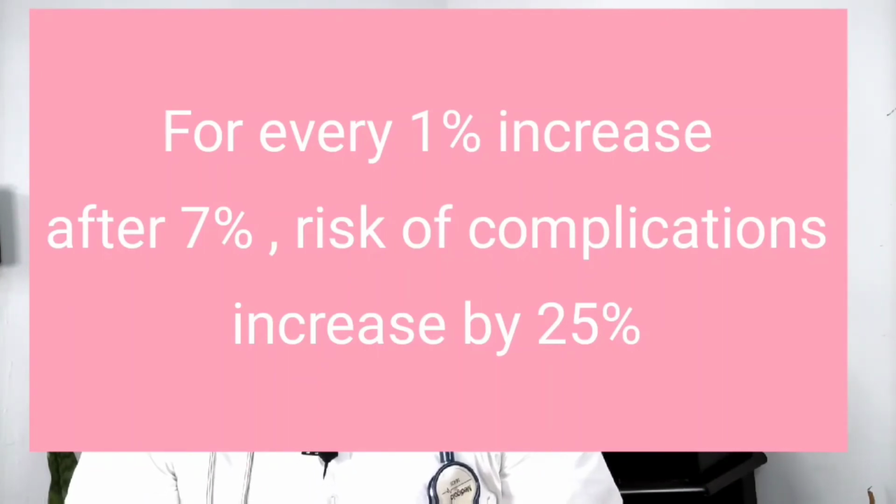So it is always good to check the HbA1c values if you are a diabetic, and throughout the year it is good to have HbA1c values less than 7%, if possible less than 6.5%, and if possible less than 6%.